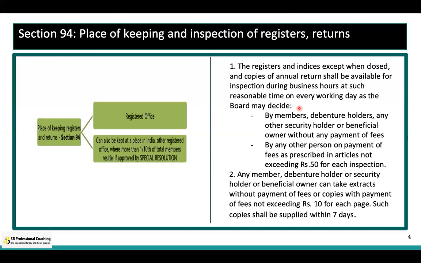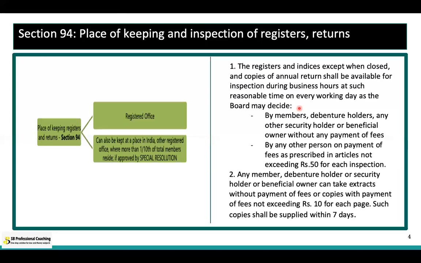This is Section 94. Now, just to summarize: Section 94 speaks about the place of keeping registers and returns, which is the registered office. Exception: at any other place where at least 1/10 of the members reside, with a special resolution. Inspection by members, debenture holders, other security holders or beneficial owners is without any fees. When?